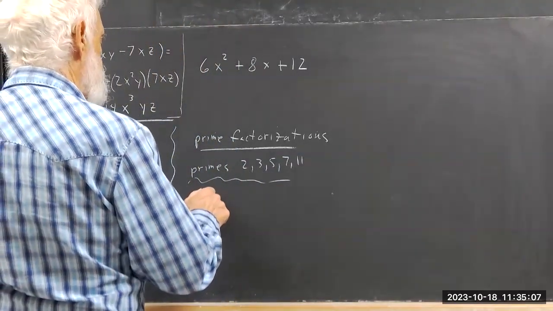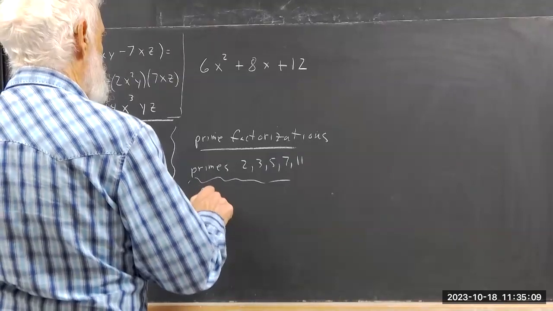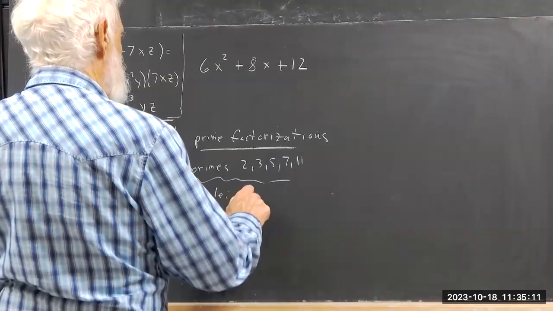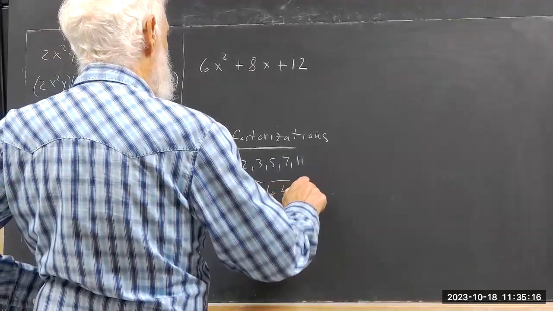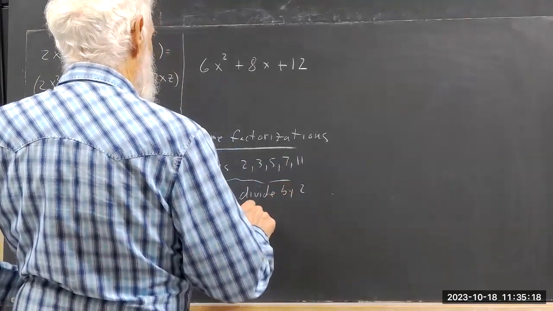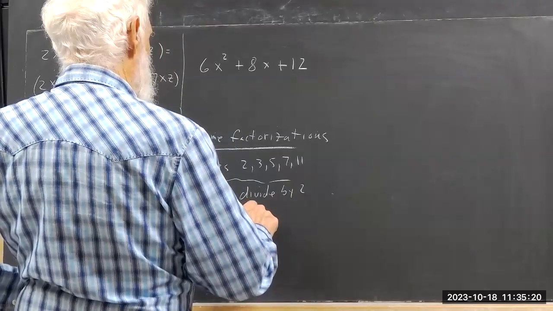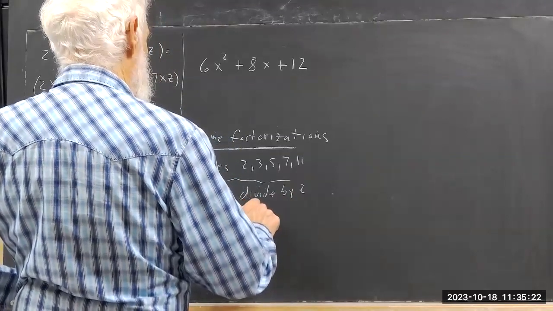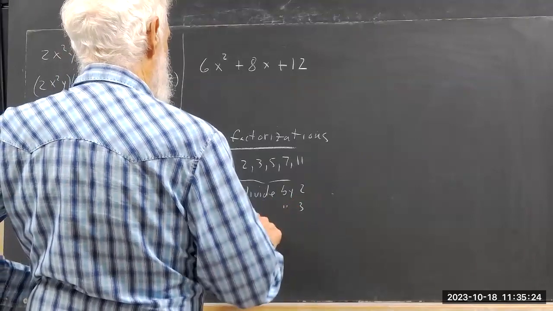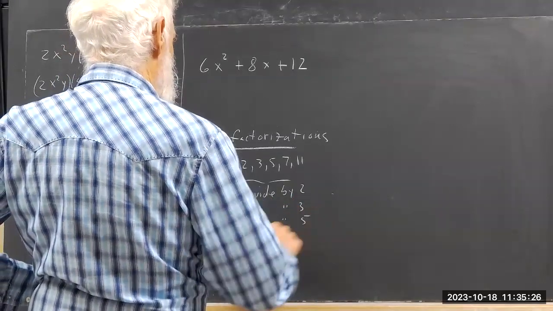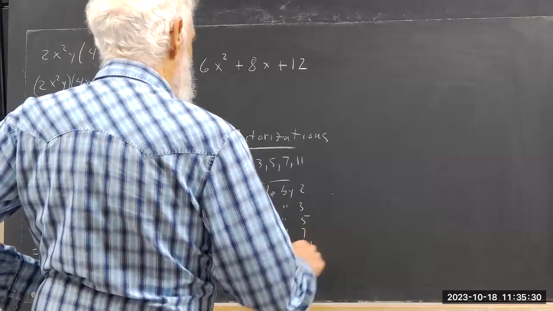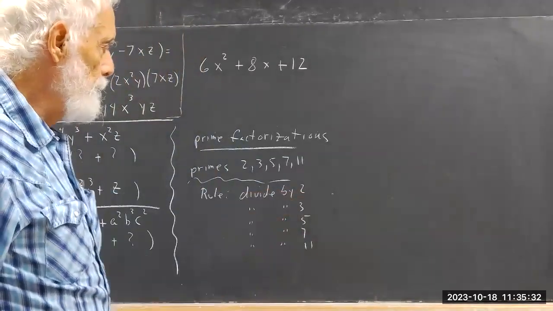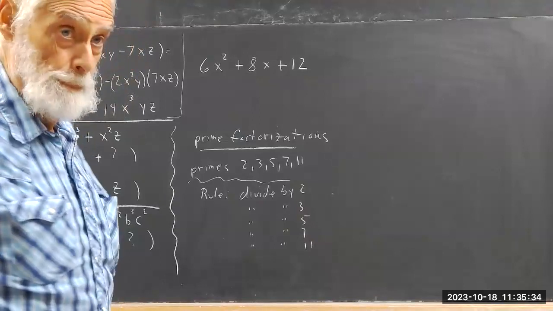Okay, so we're going to take 6. Here's our rule. First thing that we do is divide by 2.